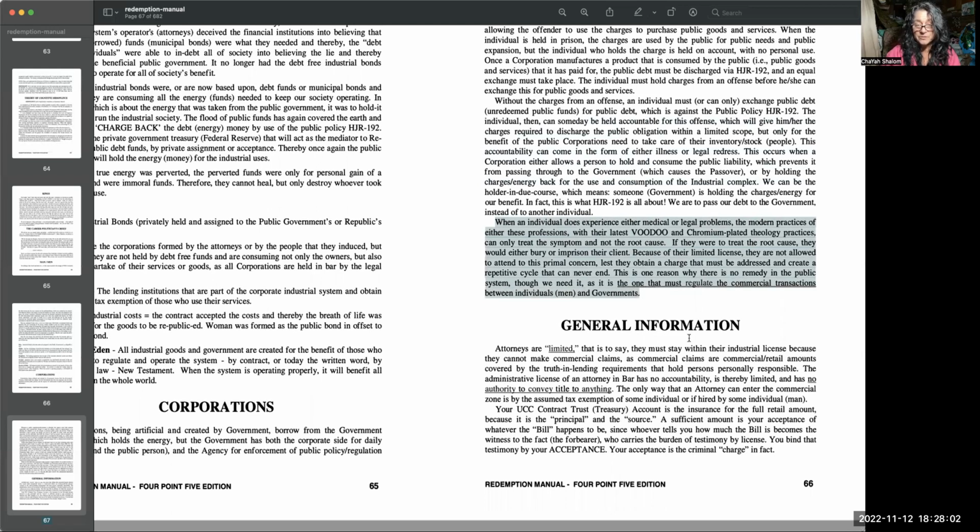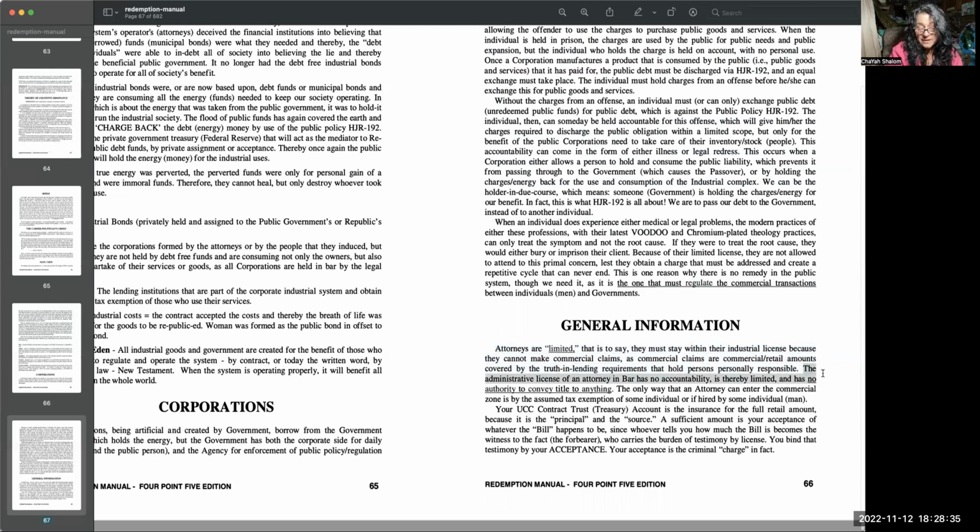Okay. General information. Attorneys are limited. That is to say, they must stay within their industrial license because they cannot make commercial claims, as commercial claims are commercial retail amounts covered by the truth in lending requirements that hold persons personally responsible.